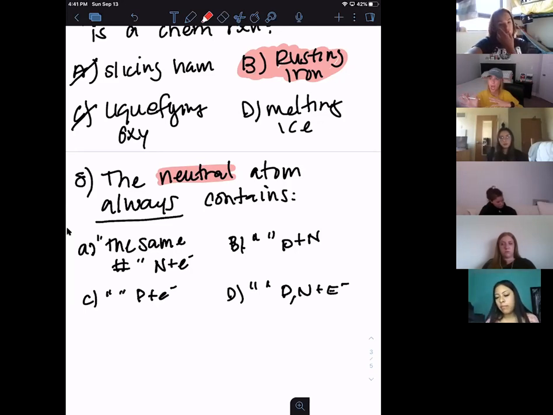So for something to be neutral, it needs to have either just neutrons, or what needs to happen between the protons and the electrons? They need to be balanced and have the same amount. Exactly. So out of these options, which one makes the most sense? If I had protons, neutrons, and electrons, does that mean overall we're neutral? No. Okay. If I have the same number of protons and neutrons, what would that make my overall charge?